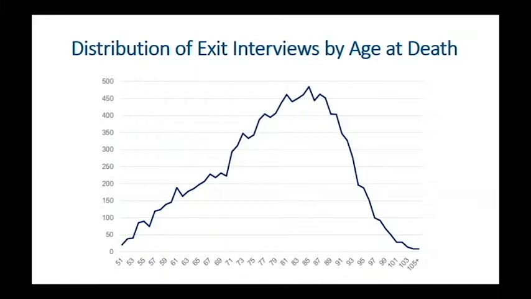So the age distribution of the respondents who are represented in the end-of-life interviews is a little older than the age distribution of respondents in the core HRS sample, which of course makes sense because the end-of-life sample is a sample of people at the time of their death, essentially.